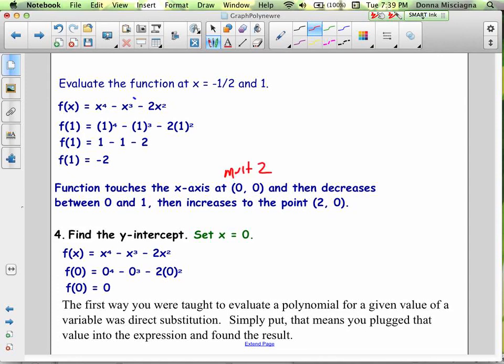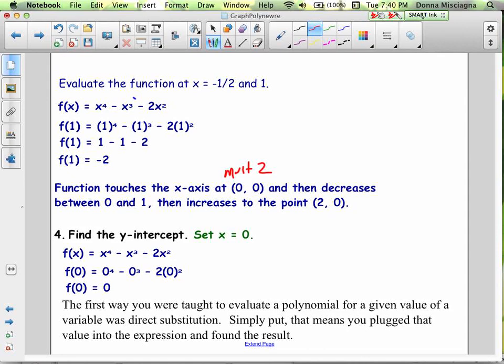And then it's going to turn back the other way and decrease between 0 and 1. And then it's got to come back to your last x-intercept. Once you've got back to your last x-intercept, you're going to use your end behavior to graph the rest.